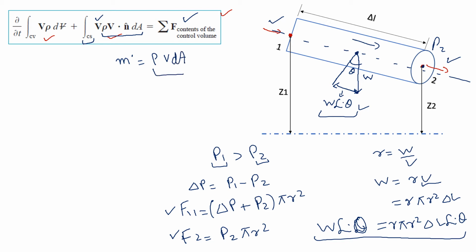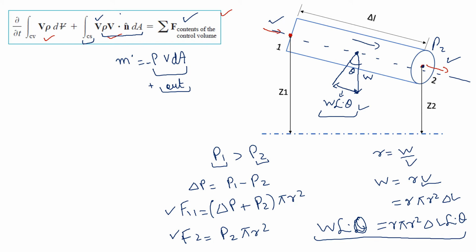We will write this for the control surfaces, and this will be negative for section 1 because it is the fluid that is going in, and positive for section 2 because that is the fluid going out. As you remember, we already did that when we solved the momentum problems, and for control surfaces we already had that assumption sorted out.